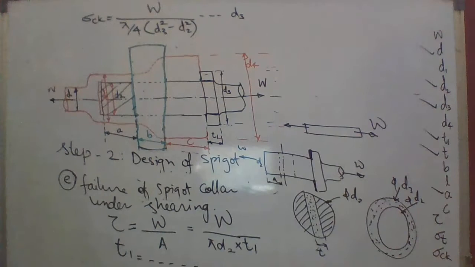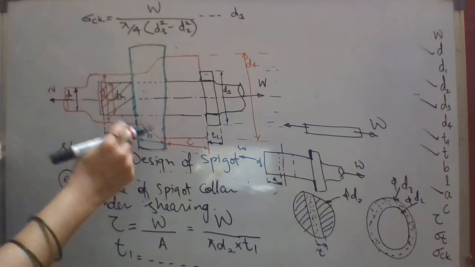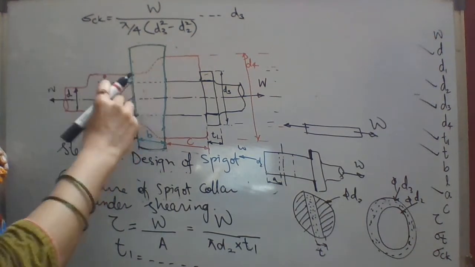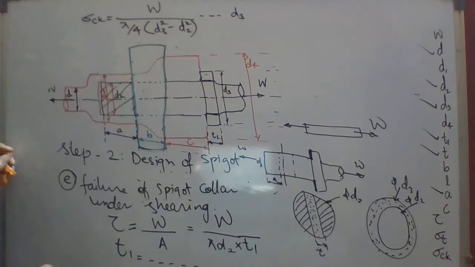So we have calculated all these dimensions in the design of the spigot. In the design of the spigot, we'll consider 5 different failures. Number 1, the tension in the spigot: the weakest section, or the area which will be minimum in the spigot, is the area at the slot. So we have considered that area.